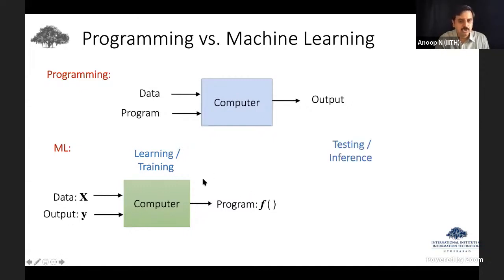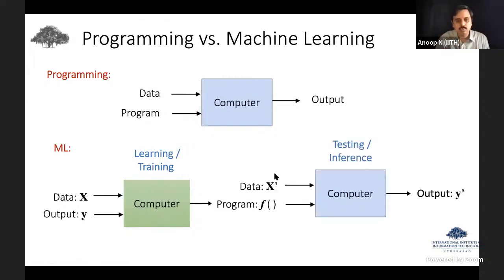And then later on, during the testing or the inference phase, this works very similar to your regular programming, where you provide new data, the same program that was learned in the previous phase goes in, and the computer will run X with F of X and out comes Y. So the second part looks very similar to programming. The process of testing or inference is the same as before, except that the program was actually learned from the training phase.